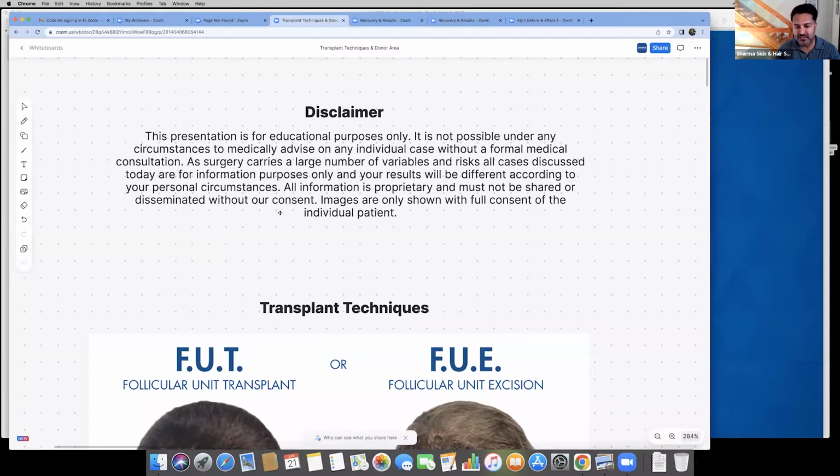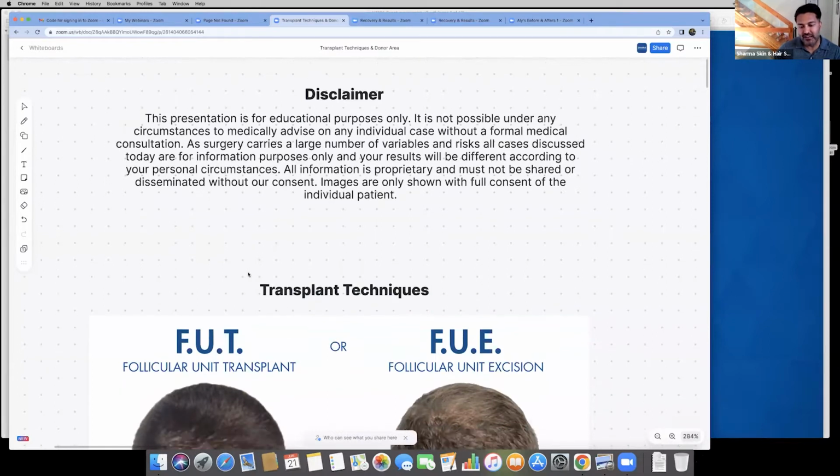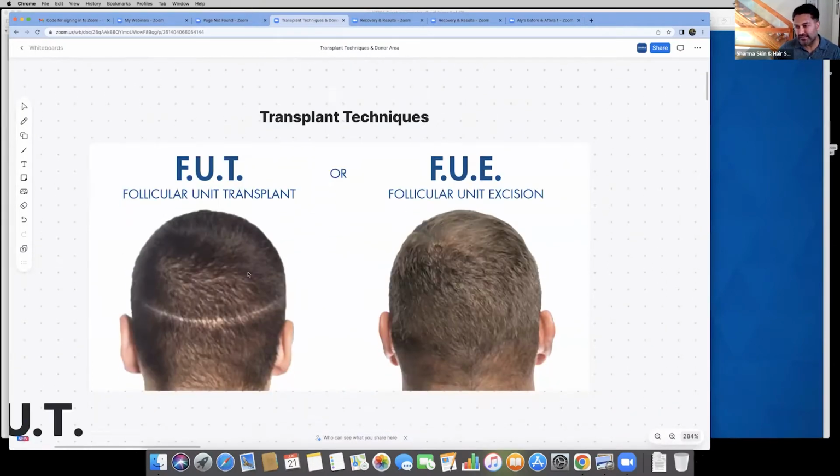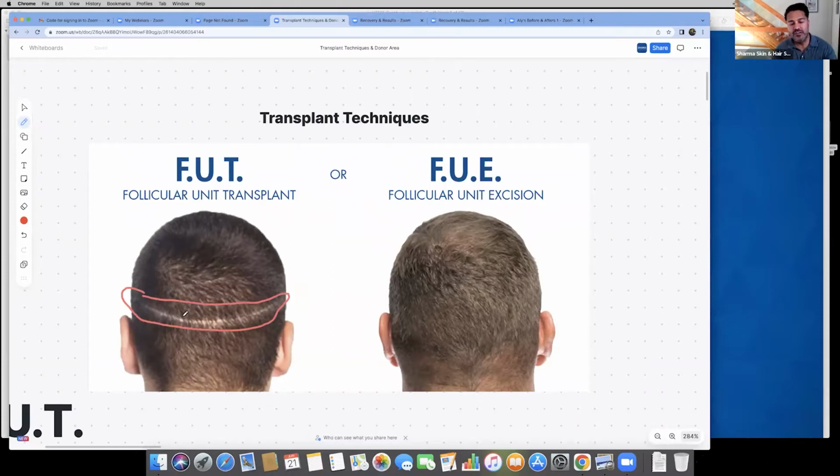So let's get started. When we first talk about hair transplant techniques, classically there are two main schools of thought. The very old-fashioned technique, which has still held its test of time, is the FUT, otherwise known as follicular unit transplantation. Here we're taking a strip of scalp from the safe donor area at the back, and then dissecting that into individual components to transplant into the recipient area where the patient needs more hair.